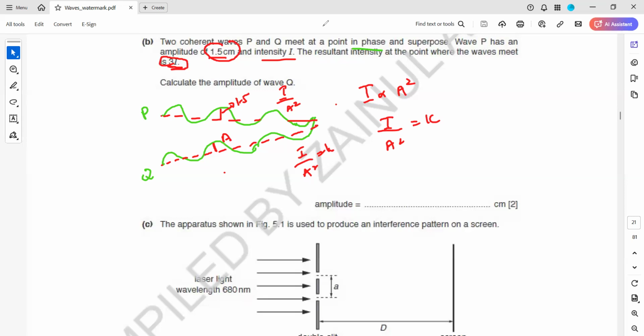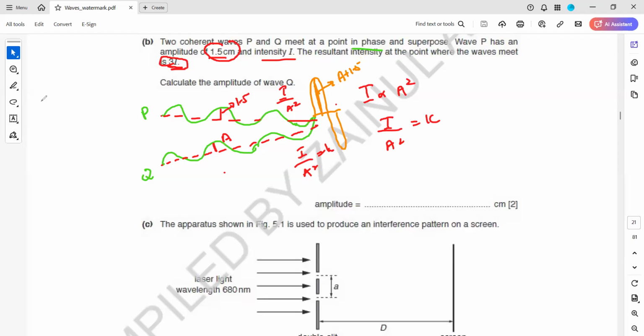It produces a resultant wave because of the combination of P and Q. What is the amplitude of the resultant wave, as they're in phase? This is A and this is 1.5. So the amplitude of the resultant wave will be A plus 1.5, because they are in phase.